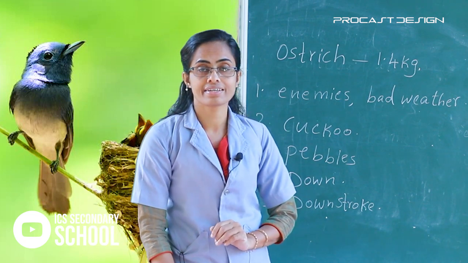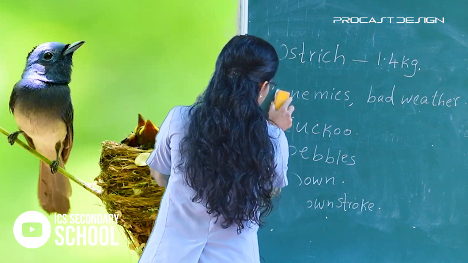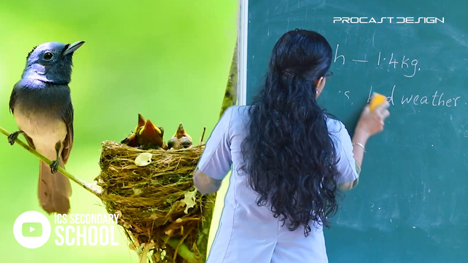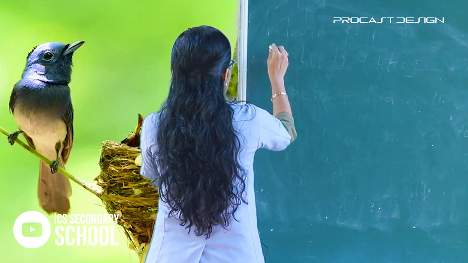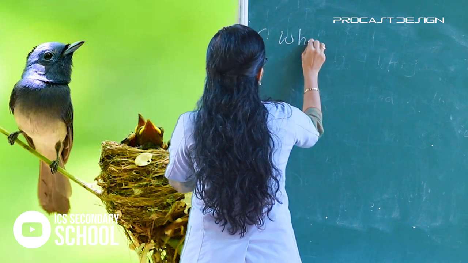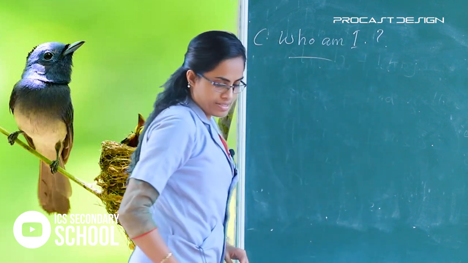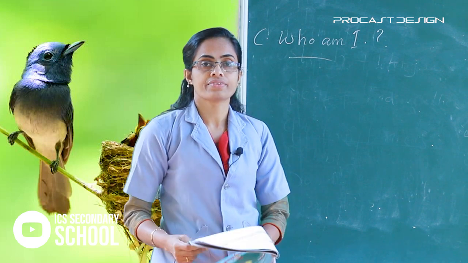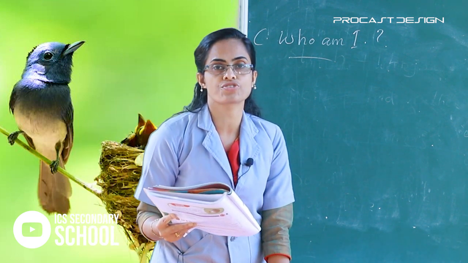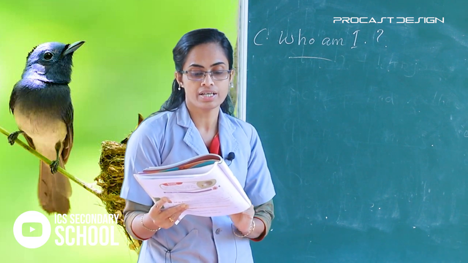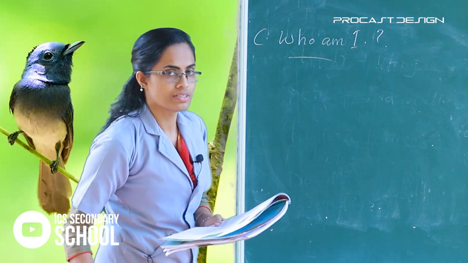And the next one, next activity, listen here. Activity, who am I? The first question, hidden in my name is the name of something you write with. What is the answer?